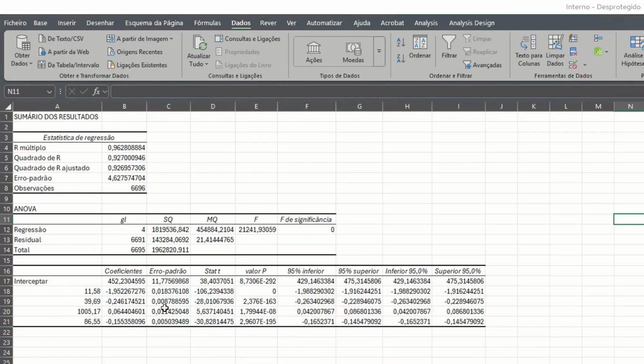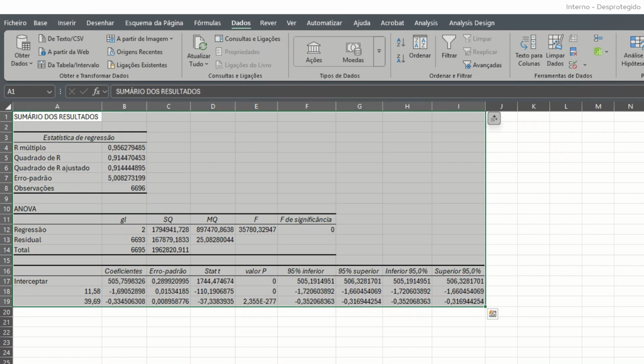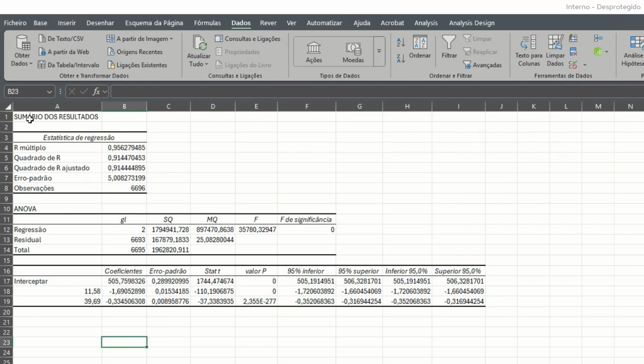On the first model, these are the results. The second model, these are the results.